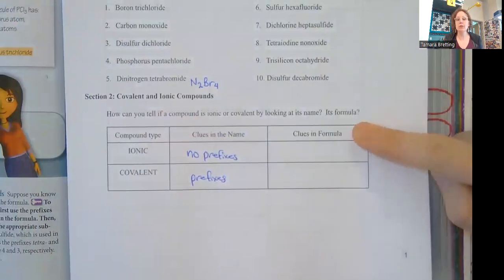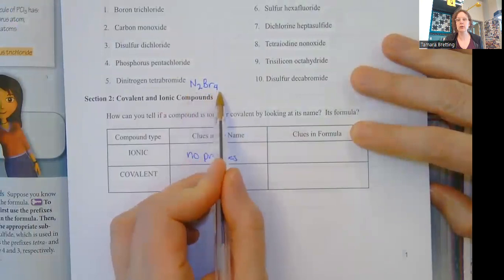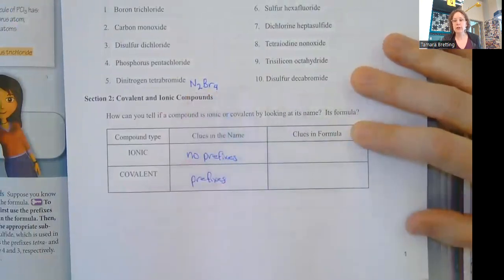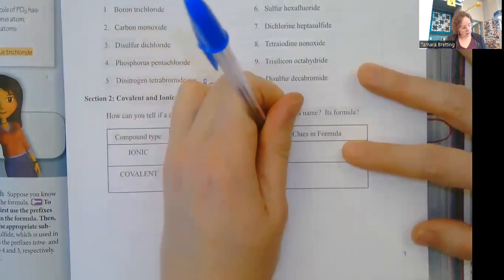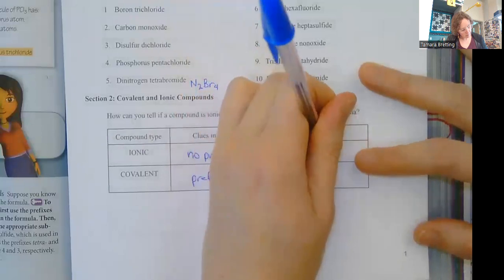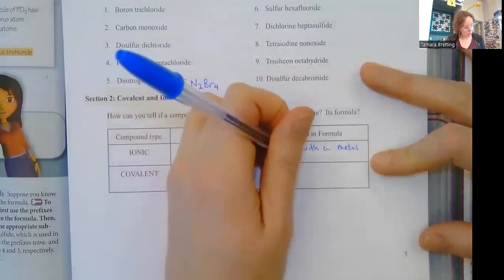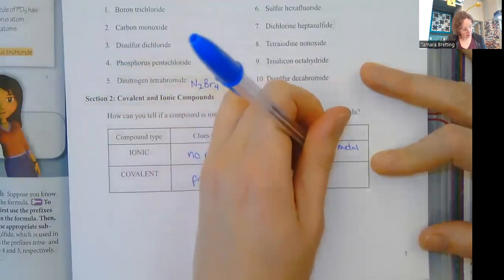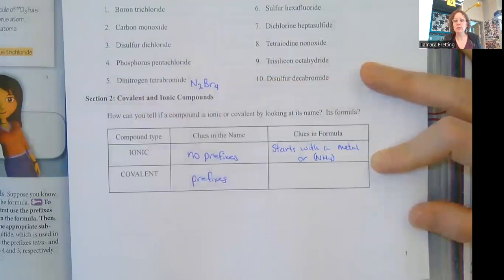If you're looking at a chemical formula, so if I gave you N2Br4 and I wanted to know, is that ionic or covalent? The easiest way for a chemical formula is an ionic compound starts with a metal, or NH4. So it either starts with a metal or it starts with NH4.